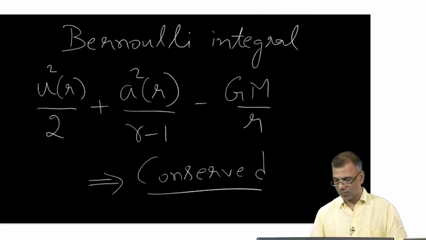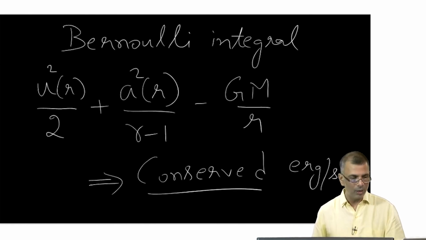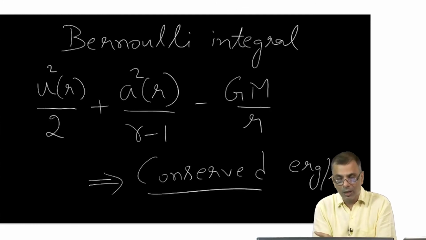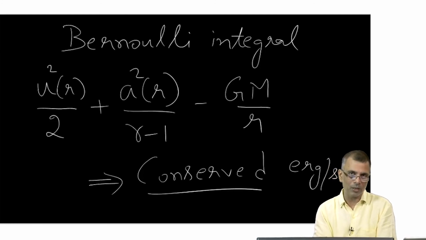This is conserved ergs per second. We will use this quantity and derive several interesting properties that have specifically to do with spherical accretion onto a compact object.